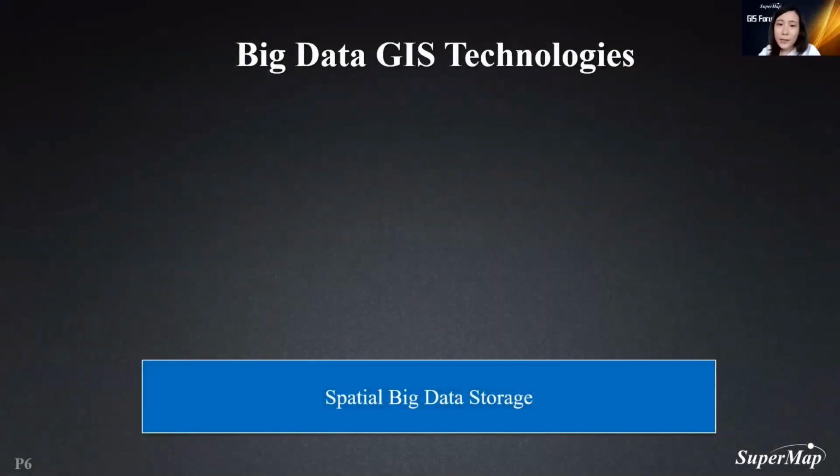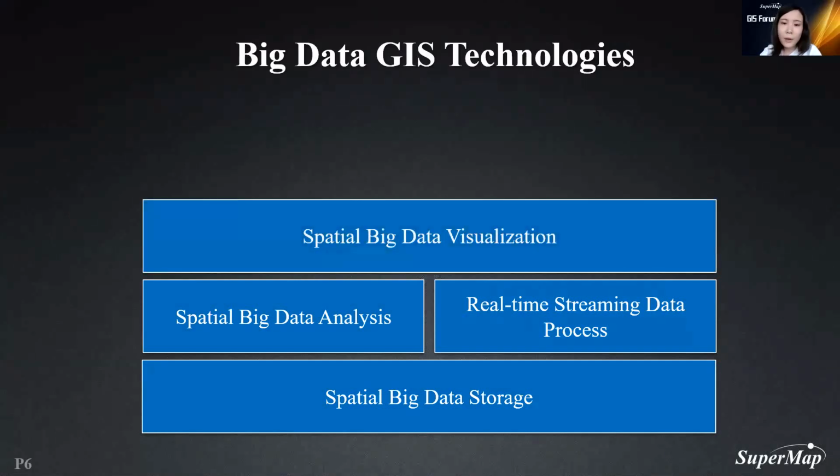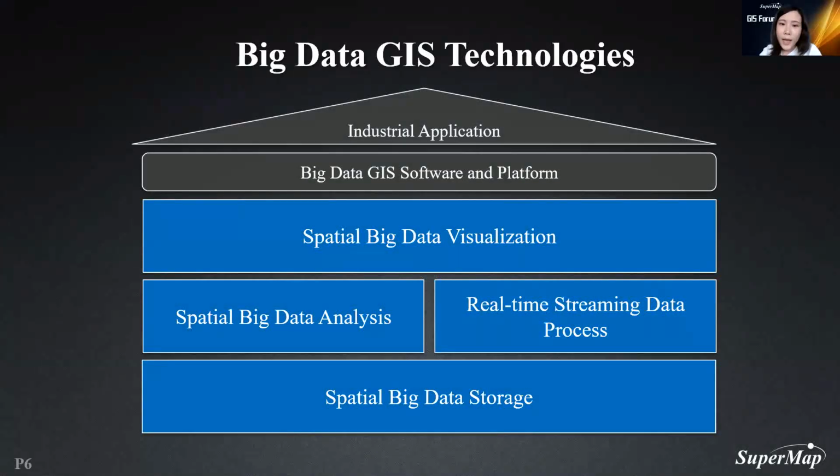So to make use of this spatial big data, we have this Big Data GIS technology system. And the basement is the data storage techniques. And the core parts are data analysis and streaming data process. And above them is data visualization. And on the top is software development and the services for industrial applications.